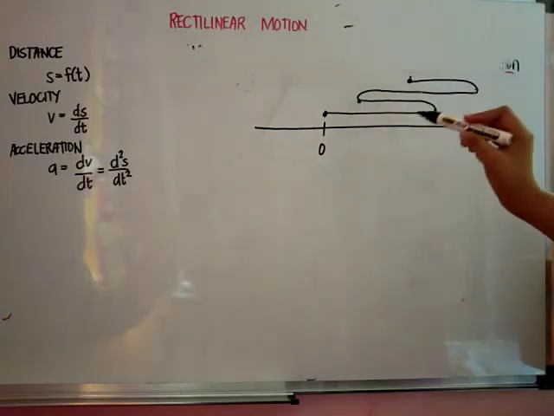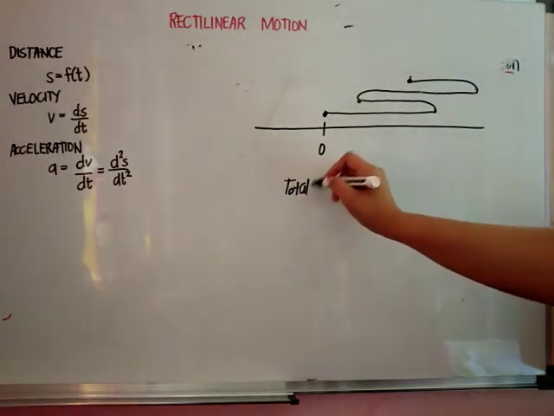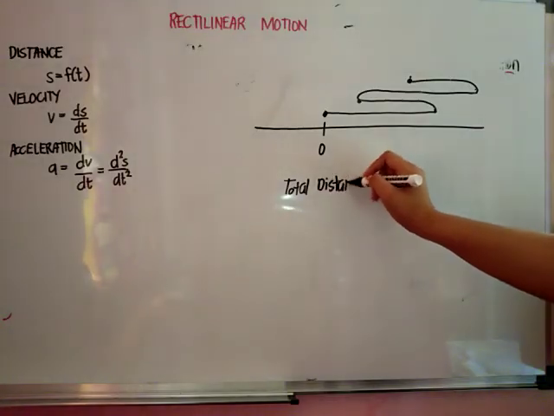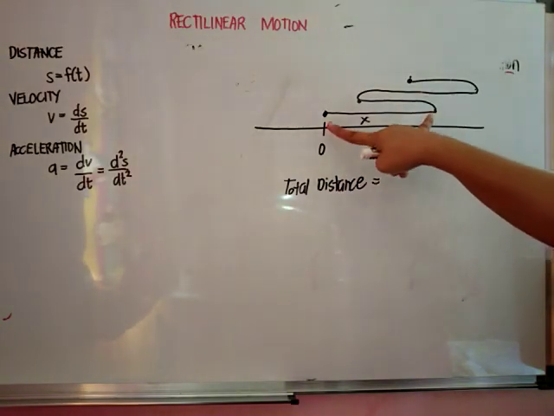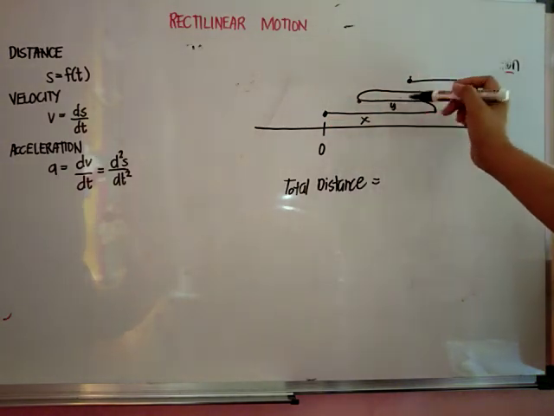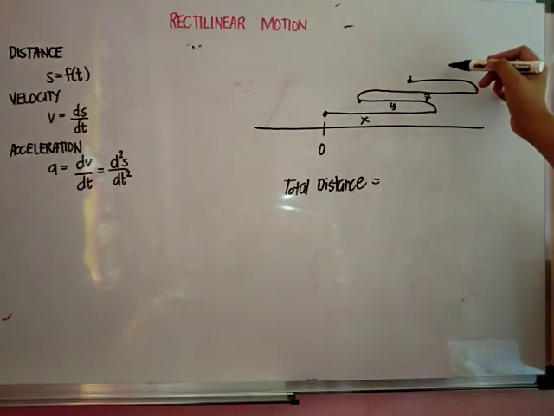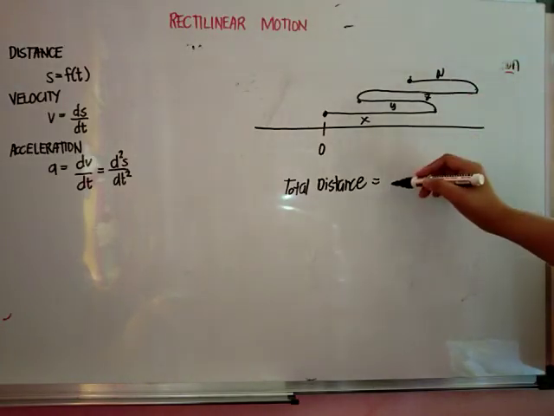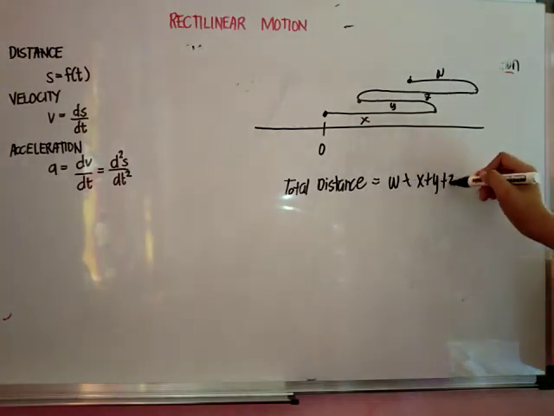Dito na siya nag-stop. So, when we say na ilan ba yung total distance na tinravel niya, meaning, ipag-add mo lang kung ilan yung length nito. So, kunwari, ang length nito is x, ang length nitong second one na tinravel niya is y, then z, then halimbawa ay w. So, yung total distance mo is w plus x plus y plus z.